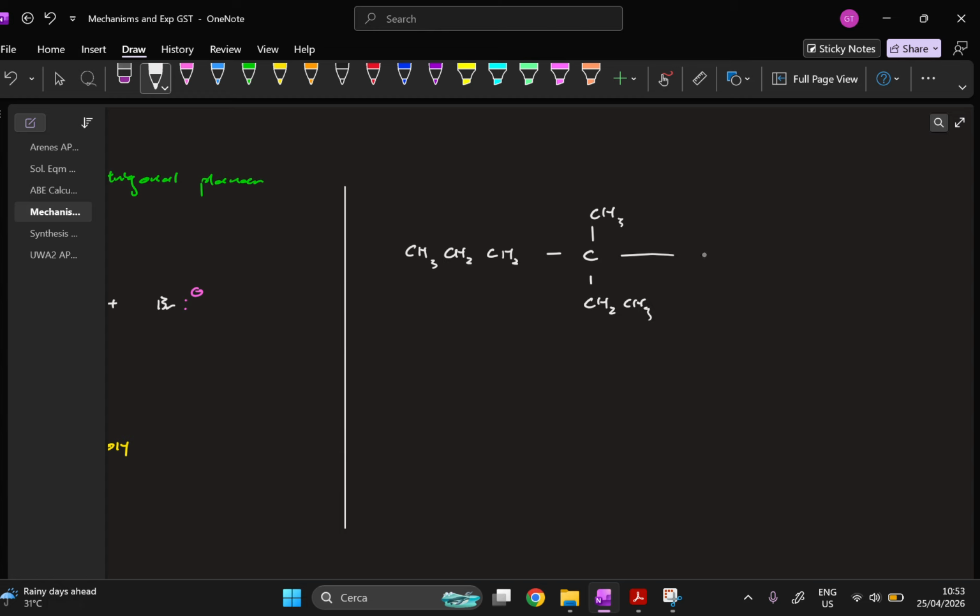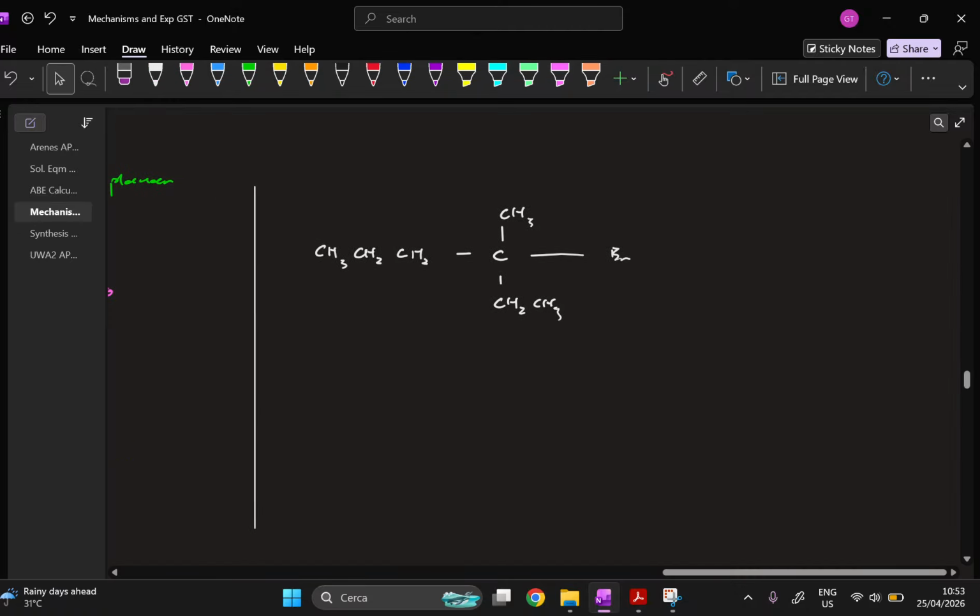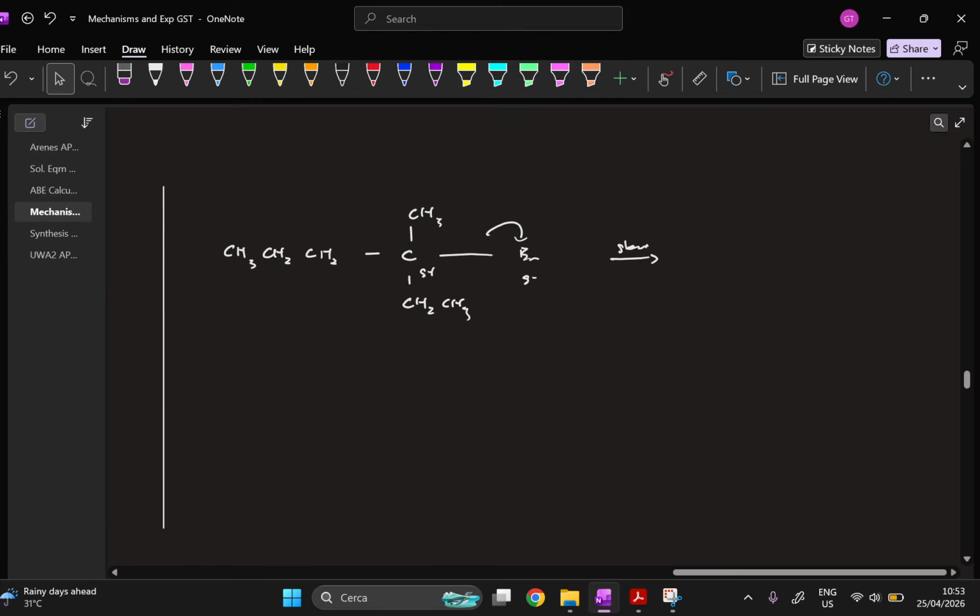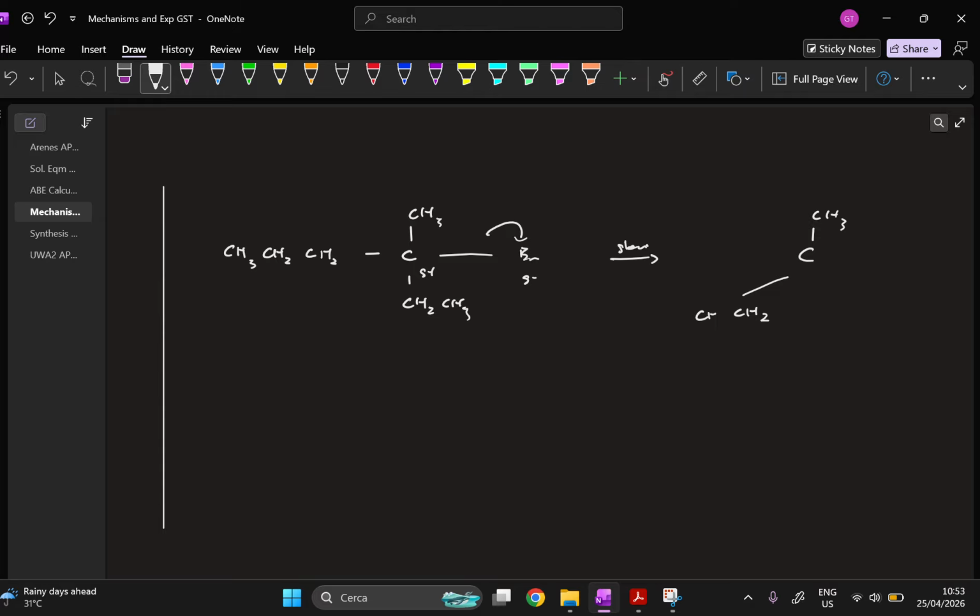And then I have this Br. Now, is this carbon chiral? Yes. So, my carbocation is going to be like that. So this is my carbocation.